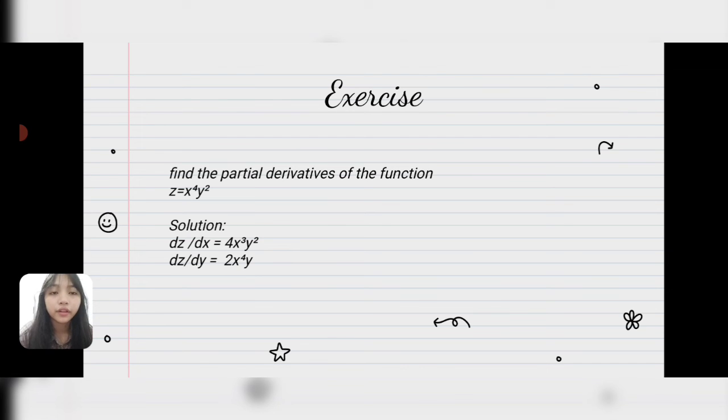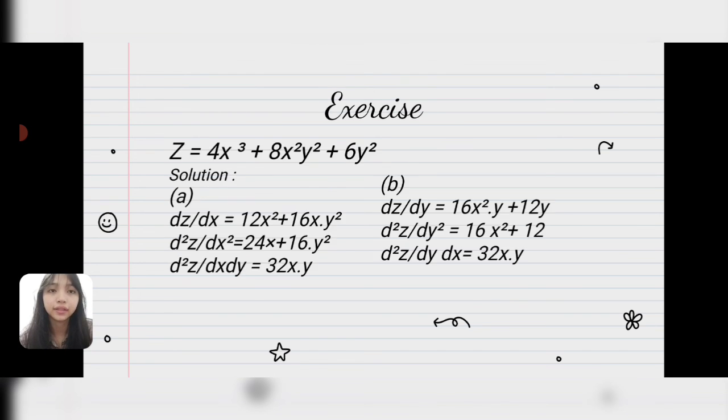So we are going to put the power of y first, 2 x to the power of 4 y. So that's all. Now we are going to move to the next example exercise.